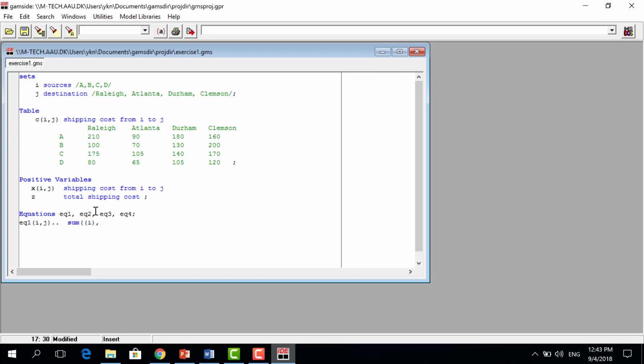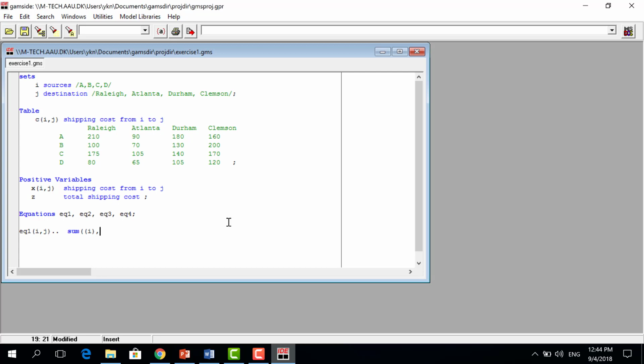Yes, now we have already defined. Please keep in mind that you have to define your equation first. You cannot go directly to stating your equation because GAMS will not recognize it. So you have to first define the equation, and then we are back to equation number 1.